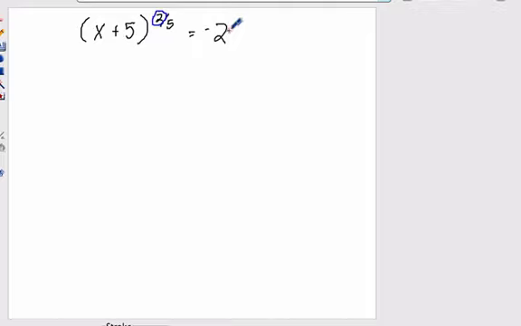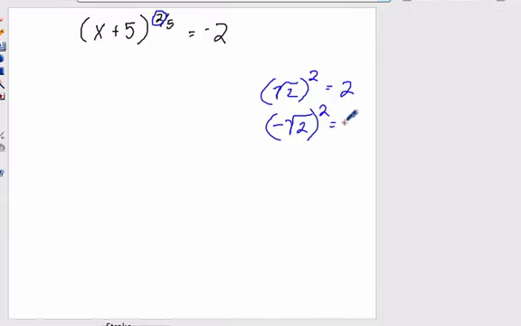So if I had the square root of 2 squared, it's always going to be a positive 2, right? Or even if it was a square root of a negative 2, when I square it, I get a positive 2 back, right? There's no way for it to be negative. So in this case, when you see that, it's no solution.